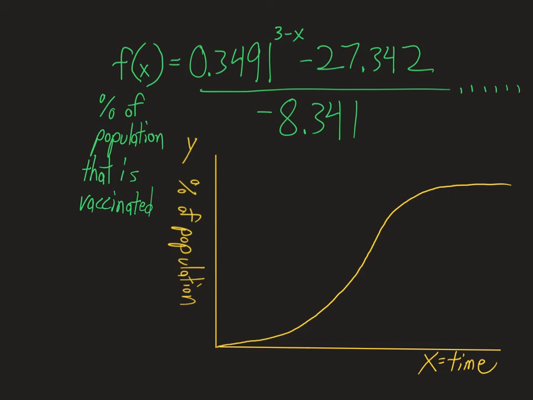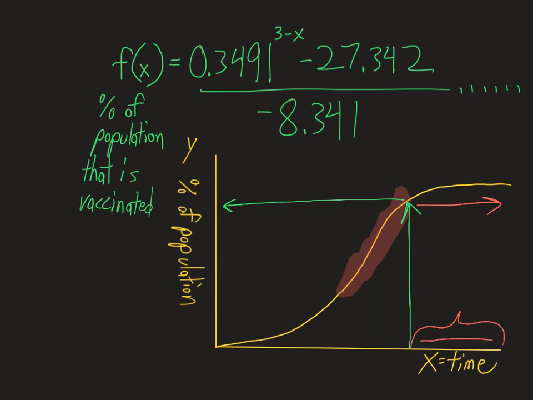And if that did, we would know this is our sweet spot. We've got to get into this spot right here. Okay. Once we get to this much time, we're going to have a bunch of the population vaccinated. That's going to be the highest level. But after this time period, it kind of flattens off, and not much more population gets vaccinated. So this amount of time here really doesn't matter. So we're not going to see much effect anymore after this.